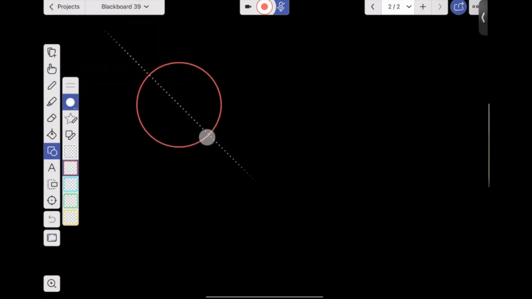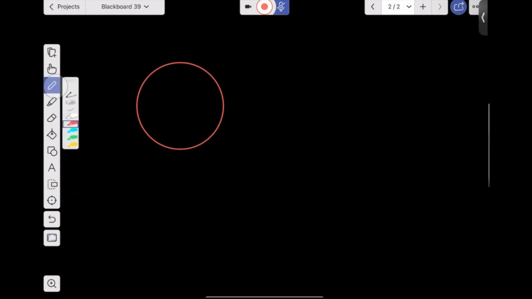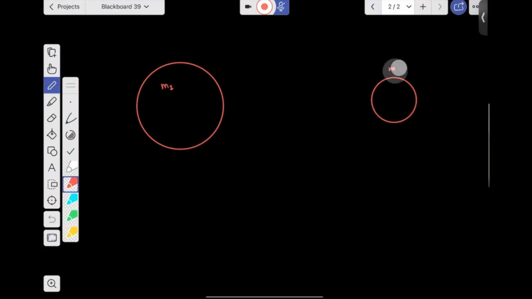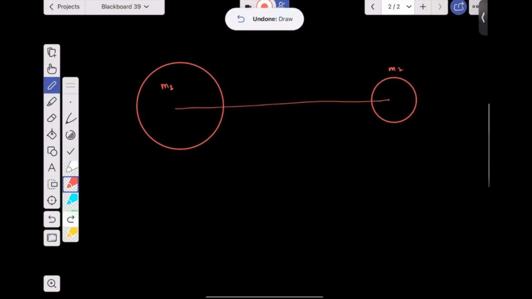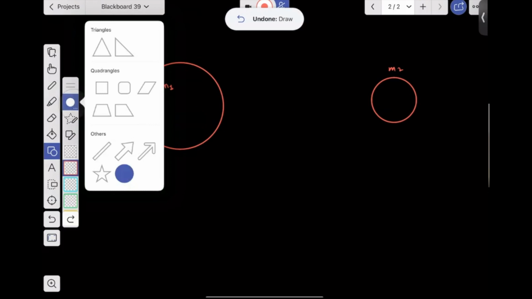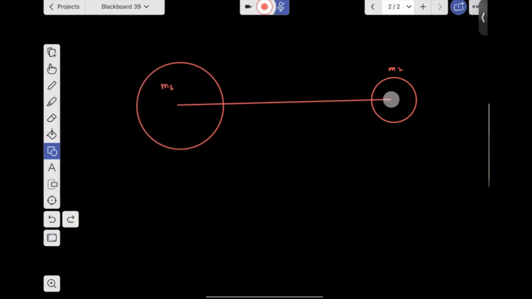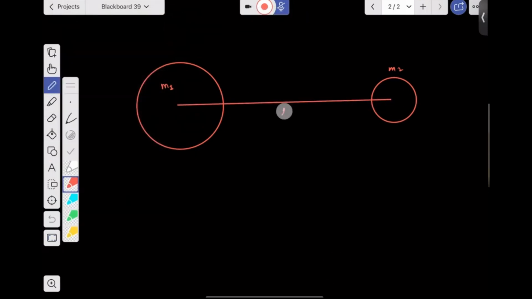Suppose I have one planet of mass m1, and there's another planet of mass m2. Now, the separation between these two planets is also given to us, suppose r, and they're asking us to determine the minimum speed of the projection of a particle from m1 so that the point mass manages to reach m2.